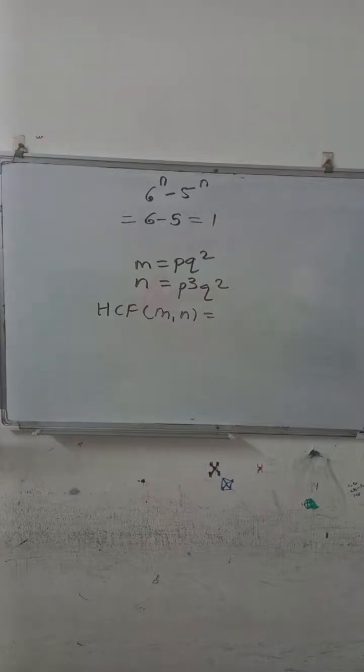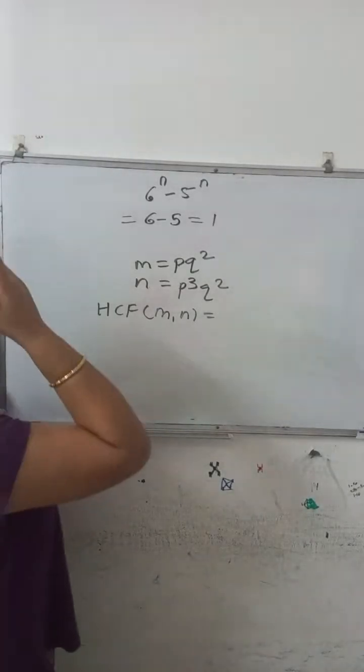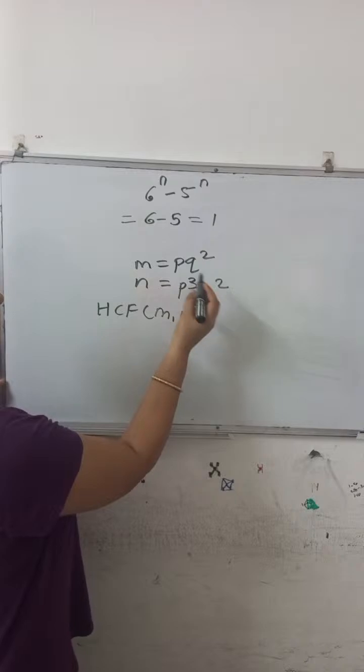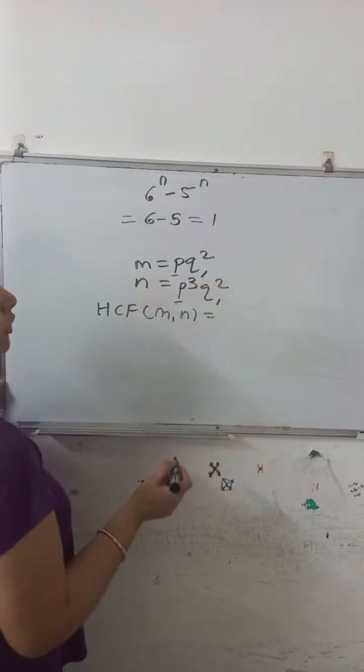Two positive integers m and n are expressible in the form m is equal to pq square and n is equal to p cube q square, where p and q are prime numbers. Then find the HCF of m and n. HCF is the highest common factor, and here p is common and q is also common.